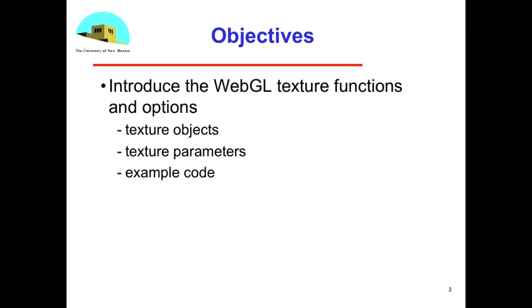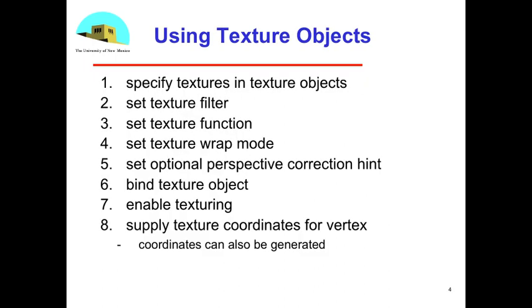In particular, we'll be looking at how we do MIP mapping and I'll just show you an example of using multiple texture units, and we'll look at the code, what actually goes on in particularly the fragment shader, and how we couple those variables back to the texture generation that was done within the JavaScript file. So let's start with a texture object, and let's see what we have to do.